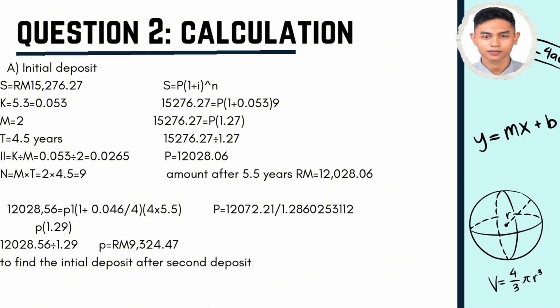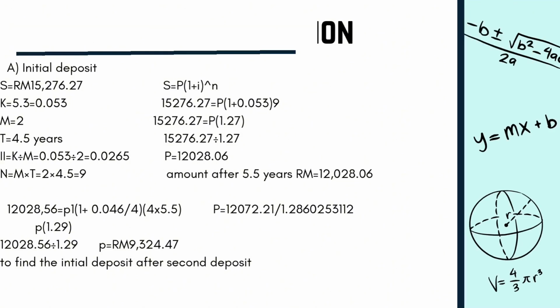For the next one, compounded quarterly is 4. 12,028.06 equals P(1 plus 0.046 divide by 4), to find this is the quarterly. To find the n, 4 multiply by 5.5, you will get 22. 12,028.06 divided by 1.29. The amount you will get is 9,324.47.